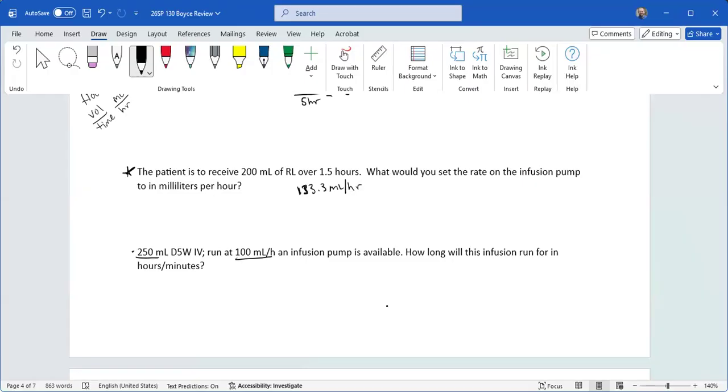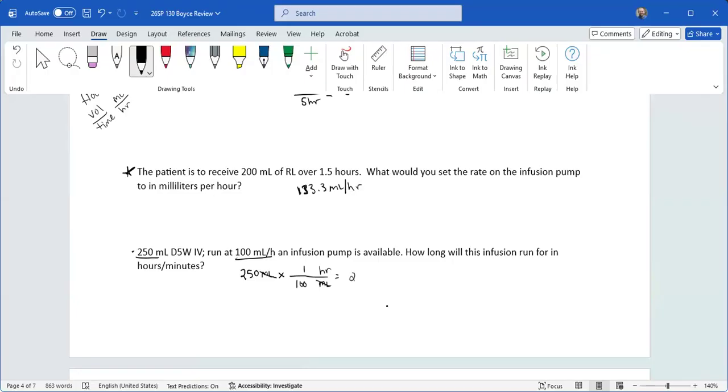But if you ever get stuck, here's what I recommend doing. Take your total IV, the 250 ml, and then you just set up a conversion where you convert milliliters to hours. This is infusing at 100 milliliters per hour, so that's where this conversion is coming from.